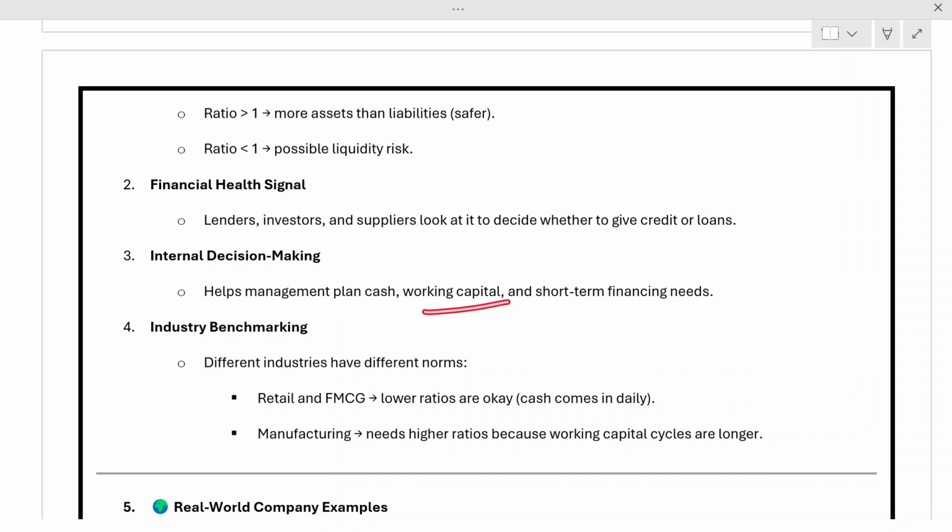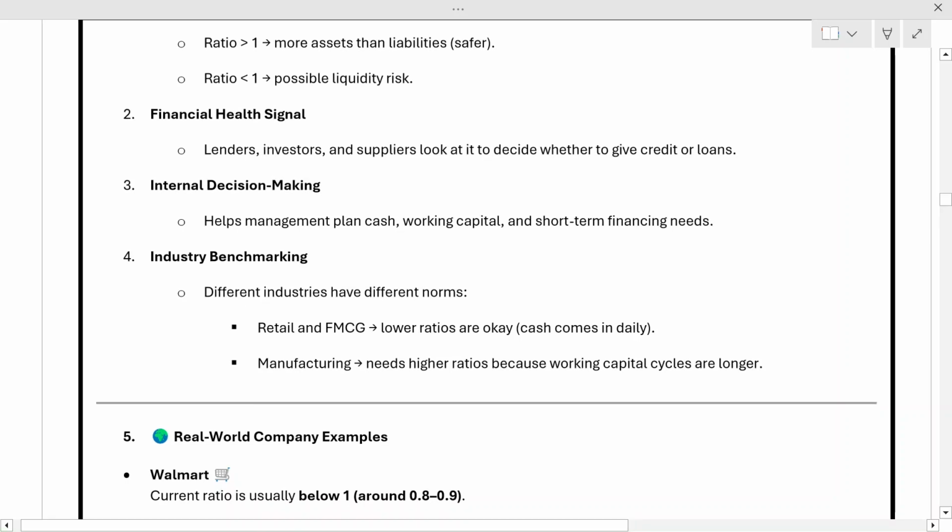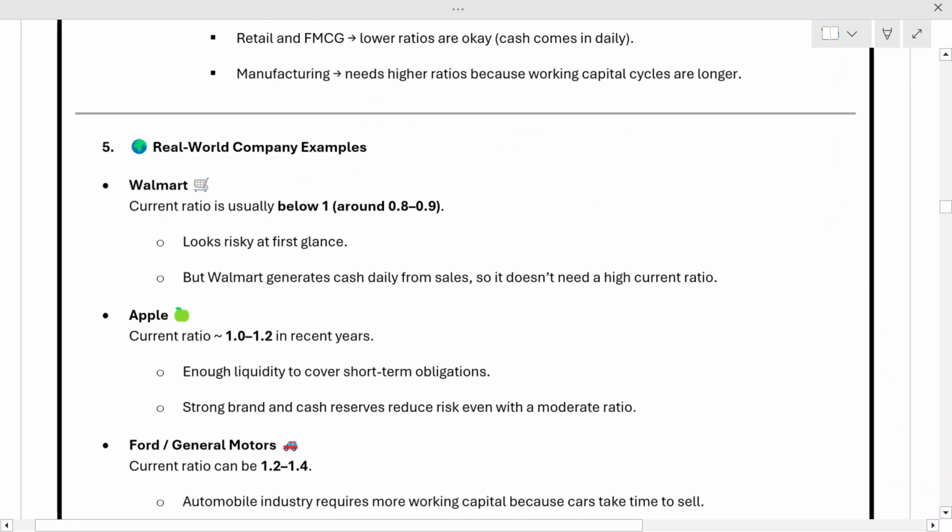They can plan the working capital, how much working capital they need, and they can plan for short-term financing if they need certain money in their bank account. Industry benchmarking can also be done: you can compare with other FMCG or retail companies in your industry and see what their current ratio is. Similarly, manufacturing industries can also be compared.